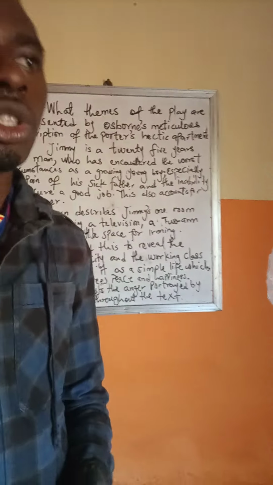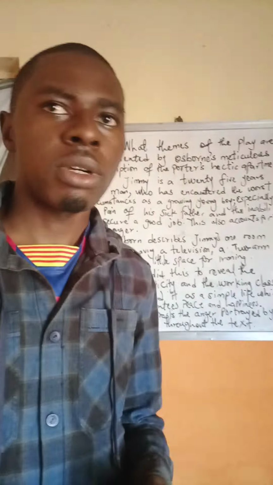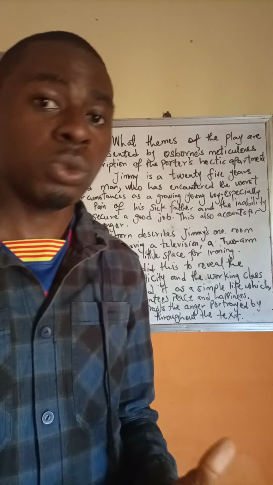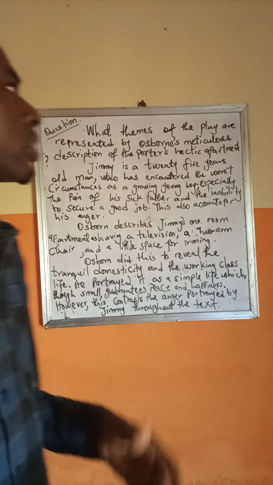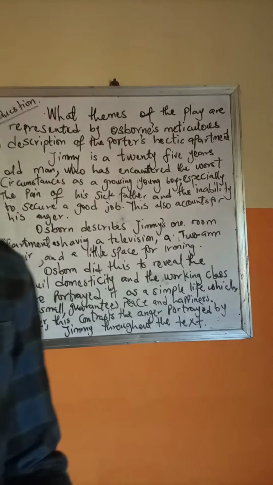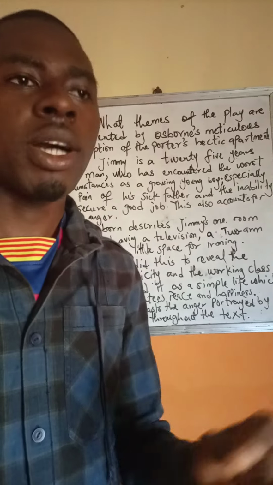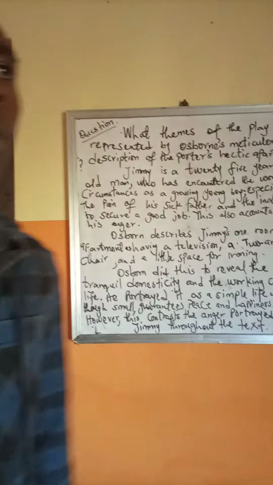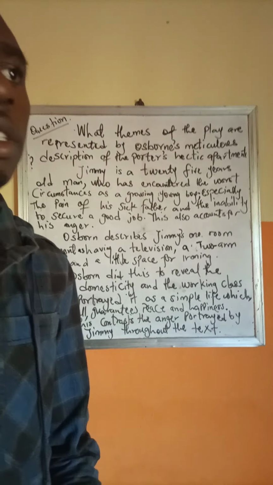I chose only a few texts, a few from drama and prose. For this morning, I want us to examine a particular question from the text Look Back in Anger by John Osborne. I want to give you a step by step approach to answering this.